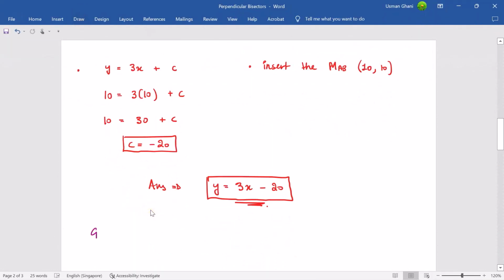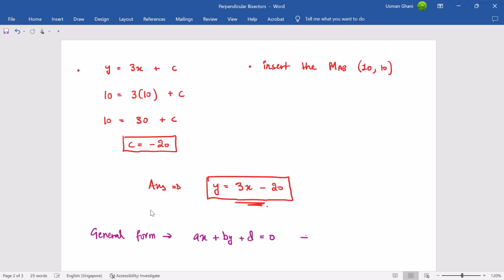You may also look to convert this equation into the general form. The general form of a straight line equation is basically ax plus by plus d equals 0, meaning you just need to have a 0 on one side and everything else on the other side. So if I move the 3x and that minus 20 to the other side, I will get my answer.